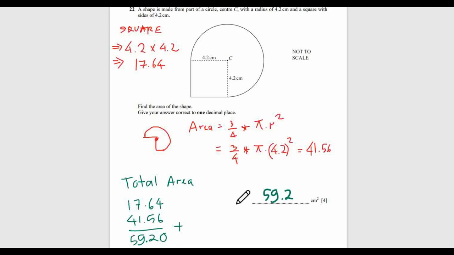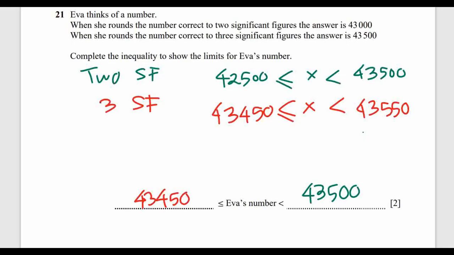Now let's get back to question 21. We have not discussed how we get this answer. So two significant figures, the answer will be 43,000. Two significant figures means we have to see from 43, since 43 is the significant figure, until 43,000.